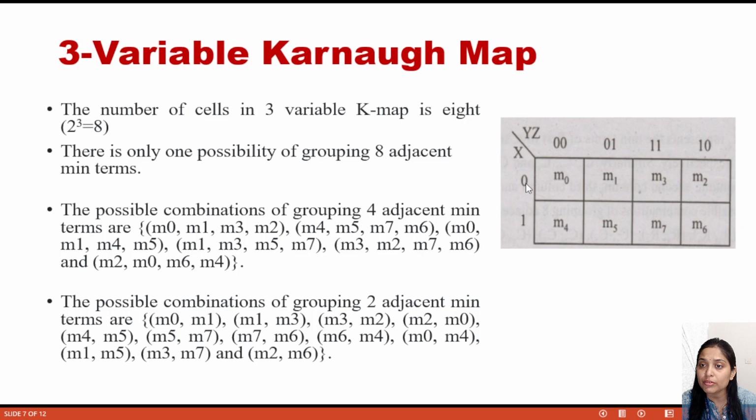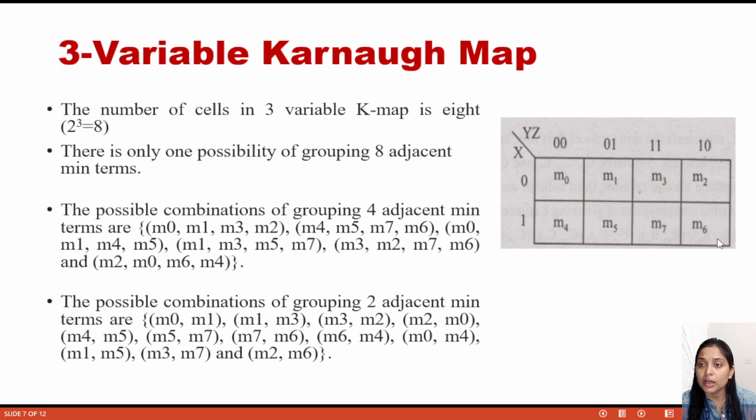So we have to calculate the cell number in this way: 0, 0, 0, M0; 0, 0, 1, M1; 0, 1, 1, M3; 0, 1, 0, M2; then 1, 0, 0, M4; 1, 0, 1, M5; 1, 1, 1, M7; and 1, 1, 0, M6.